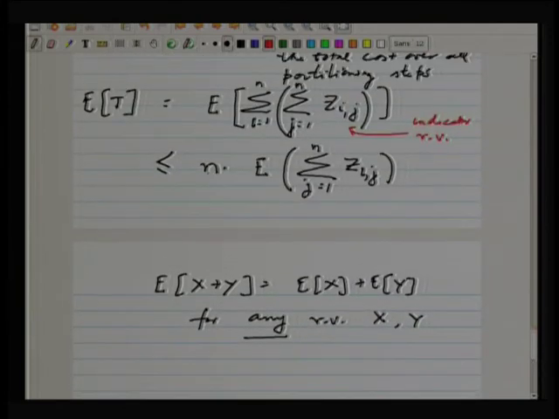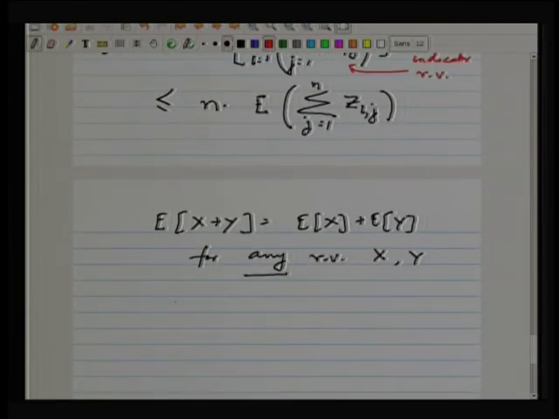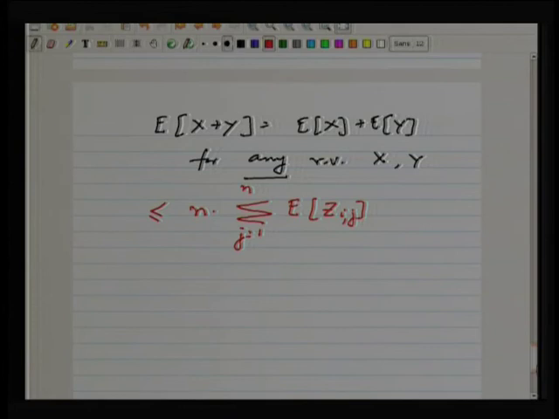Now, I can expand this and write it as less than or equal to n times, using the linearity of expectation, the sum over j equal to 1 through n of the expectation of Z_ij. Now, what is the expectation of Z_ij? Z_ij is 0 or 1, depending on whether or not the ith element is affected in the jth step.